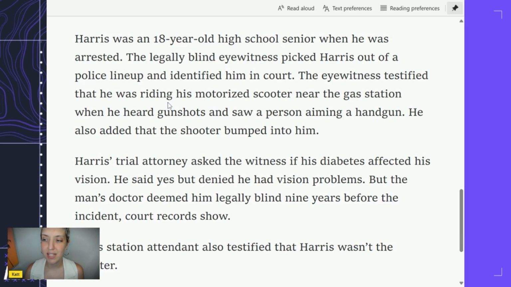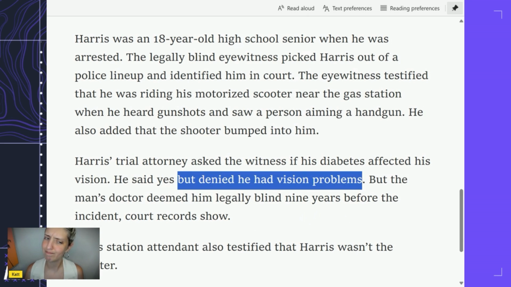The eyewitness testified that he was riding his motorized scooter near the gas station when he heard gunshots and saw a person aiming a handgun. He also added that the shooter bumped into him. Harris's trial attorney asked the witness if his diabetes affected his vision. He said yes. So yes, there's something that affects my vision. But denies he had vision problems.